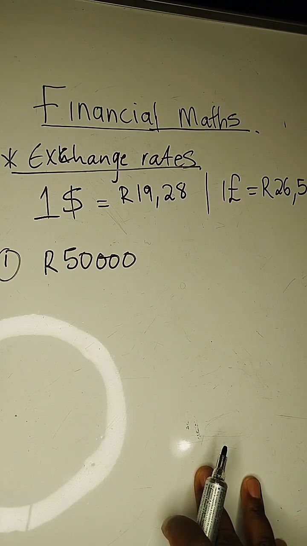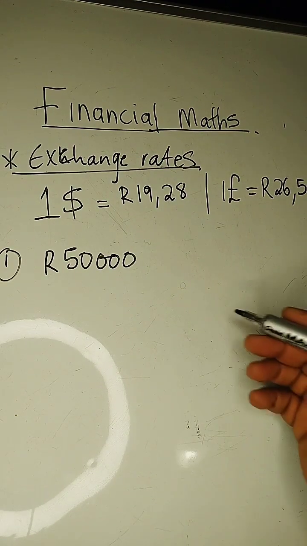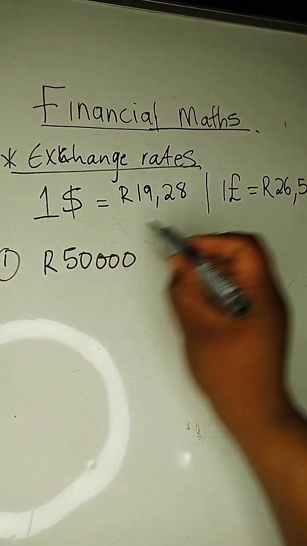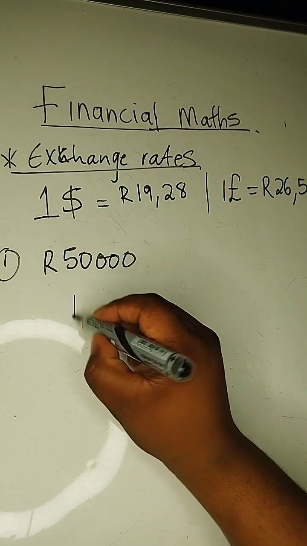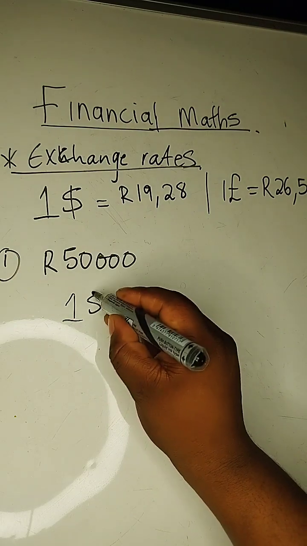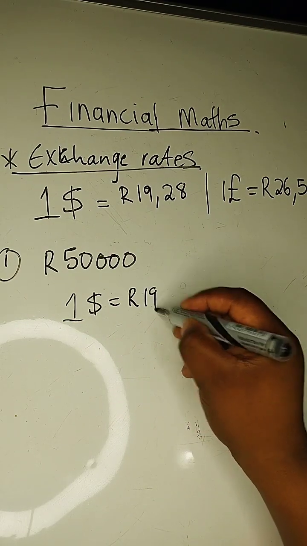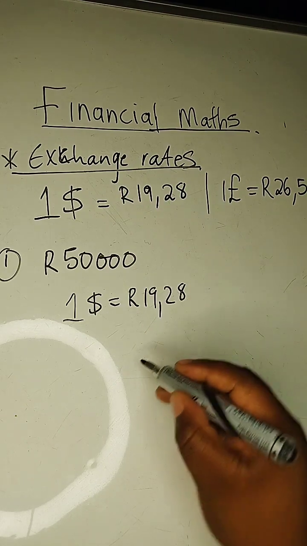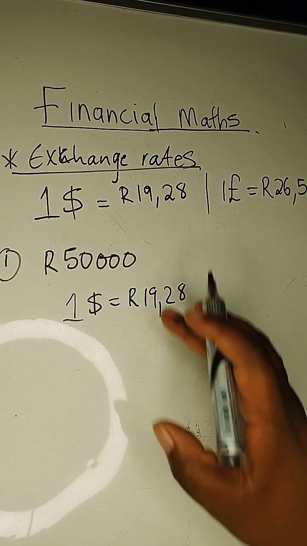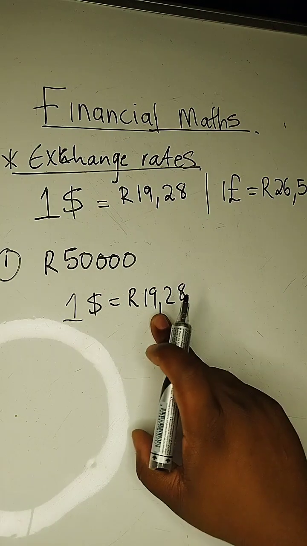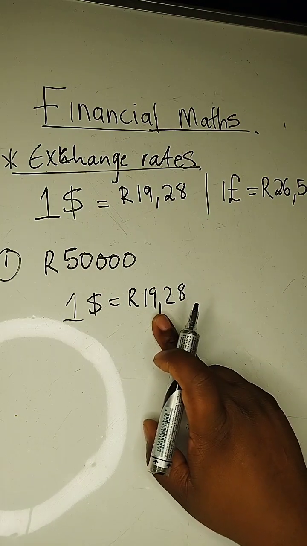Whenever you have something like this, this is what you're going to do. You write this as is. You say $1 is equal to 19 rand 28 cents. Then you check what you have between dollars and rands.